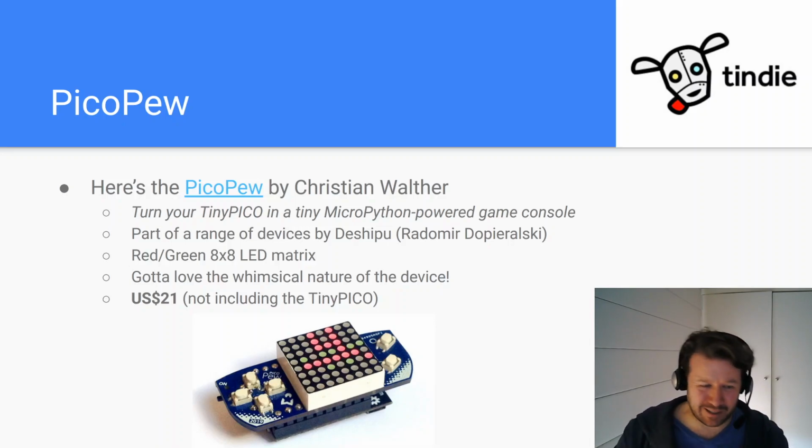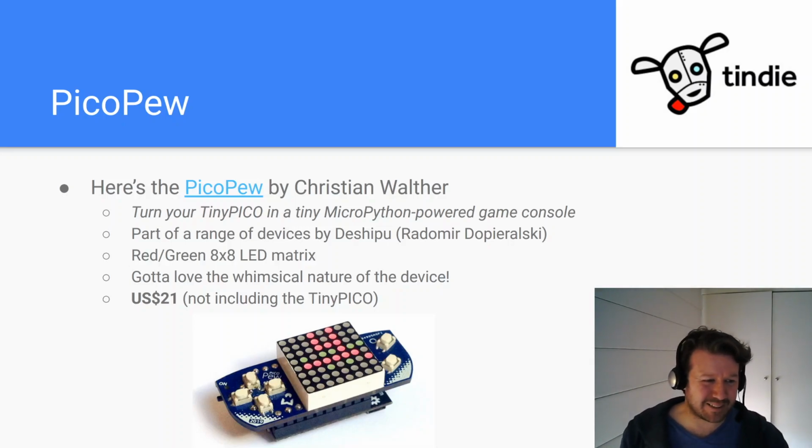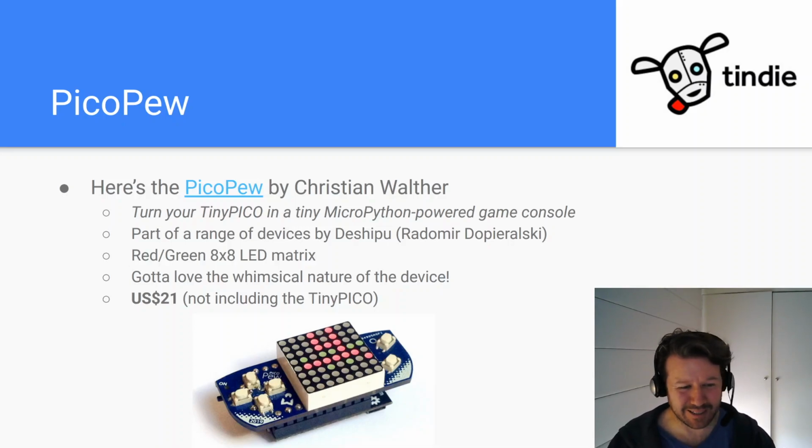It's got an 8x8 red-green matrix, which means you can actually have 256 shades of colours there, just as long as you shade them between red and green. And this little device is 21 US from Tindie, sorry, and lets you do some basic games like Snake or whatever.